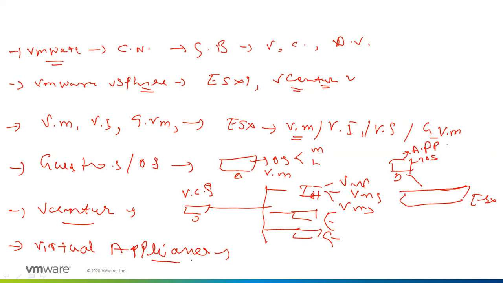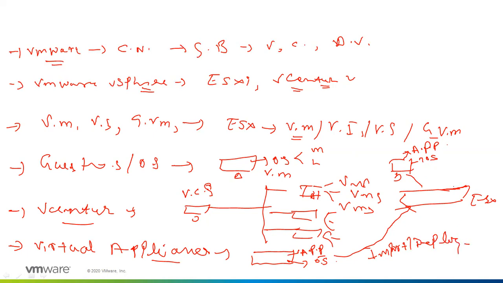While an appliance is a pre-packed box where we already have an operating system and application that you have to import, or you could say deploy, on top of your ESXi.